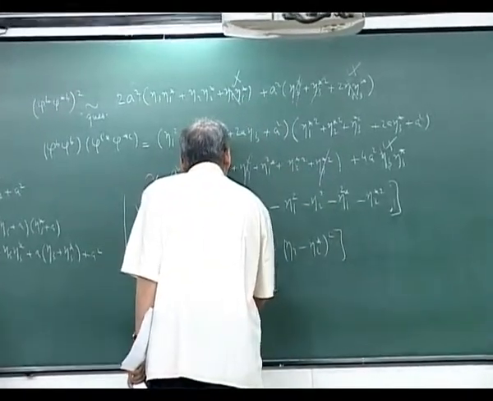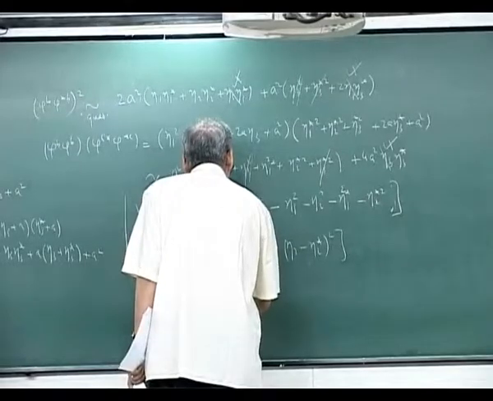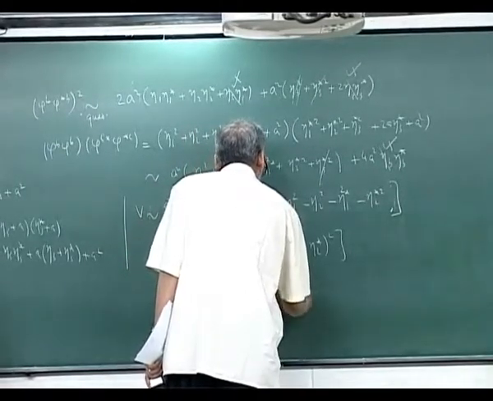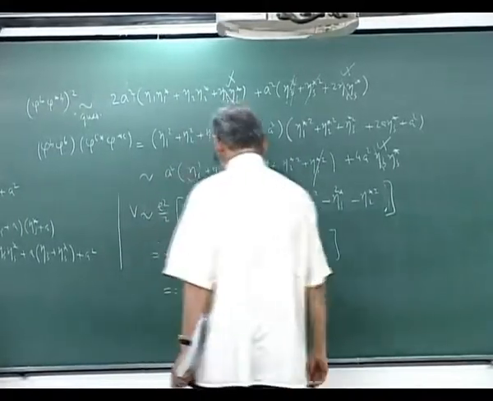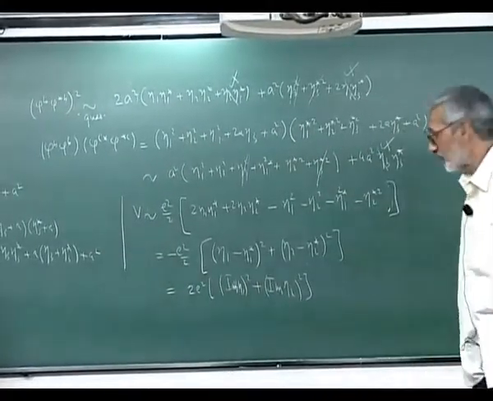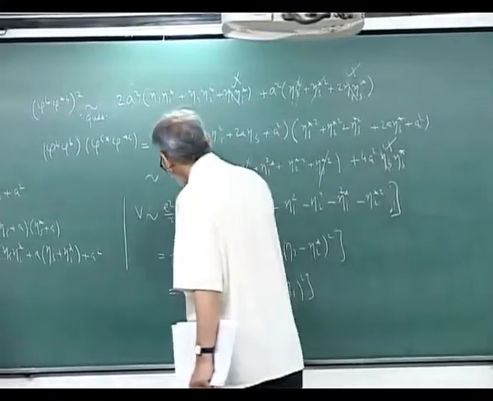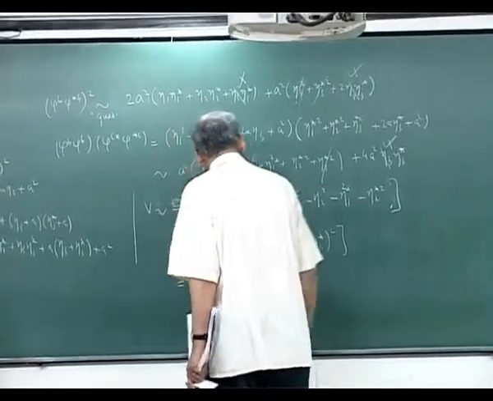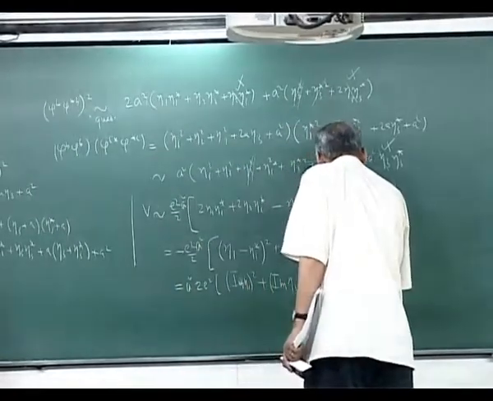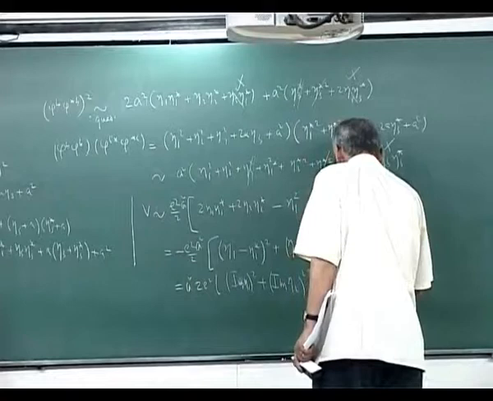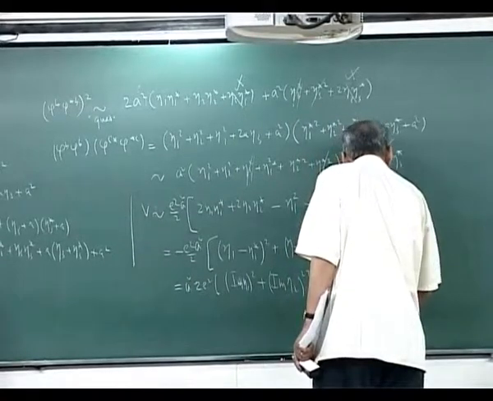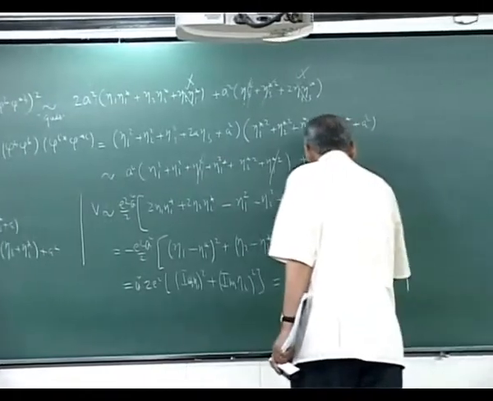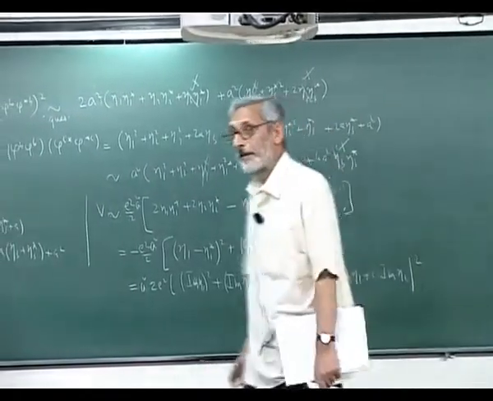Imaginary eta 1, imaginary eta 2 square. A square I missed everywhere, right? And that is 2A square e square, imaginary eta 1 plus I imaginary eta 2, mod square.